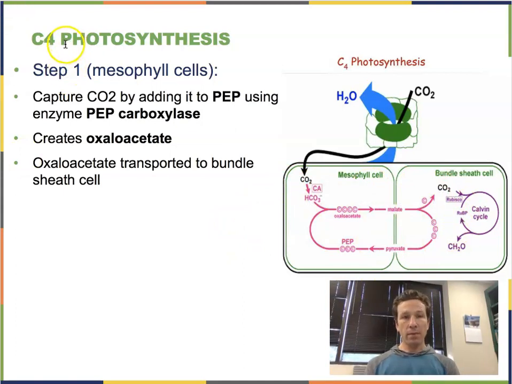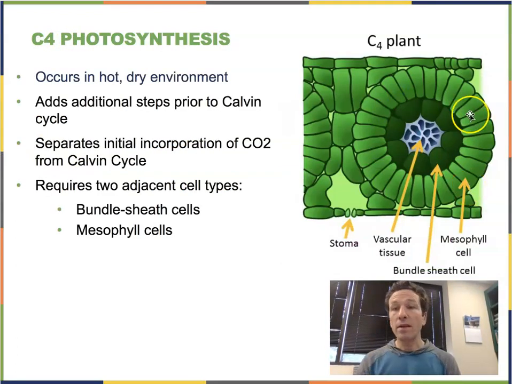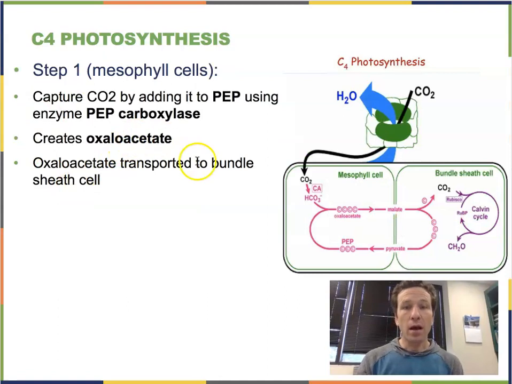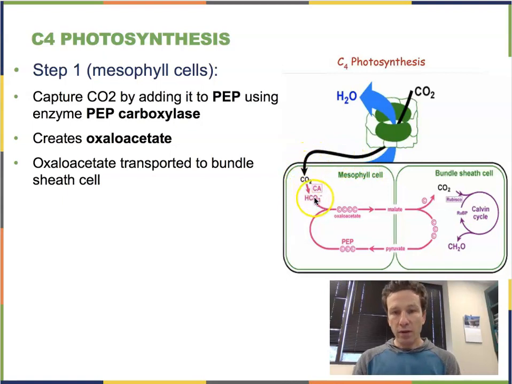In the first step of this process, it is going to occur in the mesophyll cells. So the mesophyll cells are these outer ring cells. And in those cells, the plant will capture carbon dioxide. The carbon dioxide will diffuse in, and it will be incorporated into an organic compound called oxaloacetate.